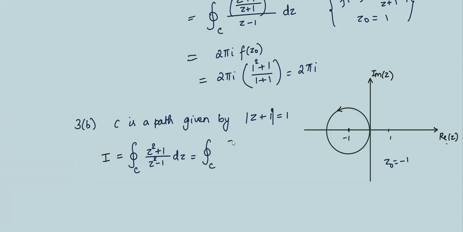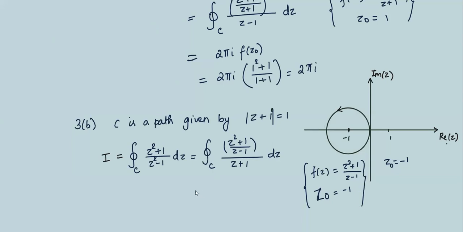I will write this as (z square plus 1) by (z minus 1) upon (z plus 1). So z square minus 1 I have written as z minus 1 into z plus 1. Z minus 1 I have taken up, z plus 1 I have kept down. Now this is the point of singularity. Now here f of z is (z square plus 1) by (z minus 1) and z naught is -1 here.